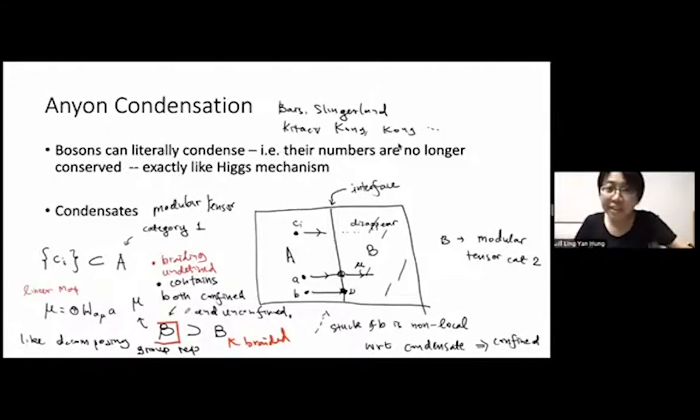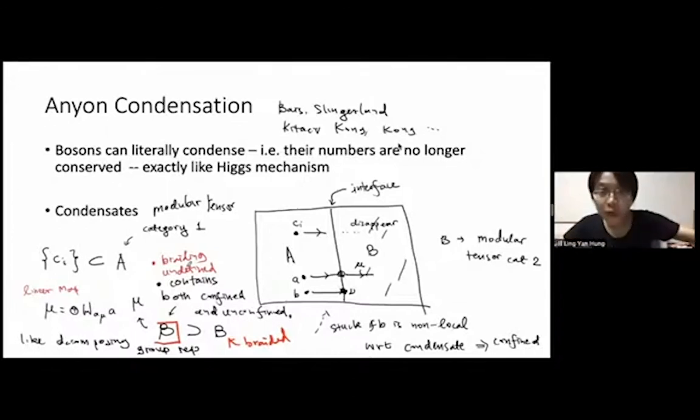So anyon condensation is physical. It literally corresponds to having non-conservation of certain anyons. You can build Hamiltonians such that you start with a topological order, let's say the Toric code. I'll show you an example later. Then you can build up a Hamiltonian such that some of the excitations, let's say the electric charge in the Toric code model, become non-conserved.